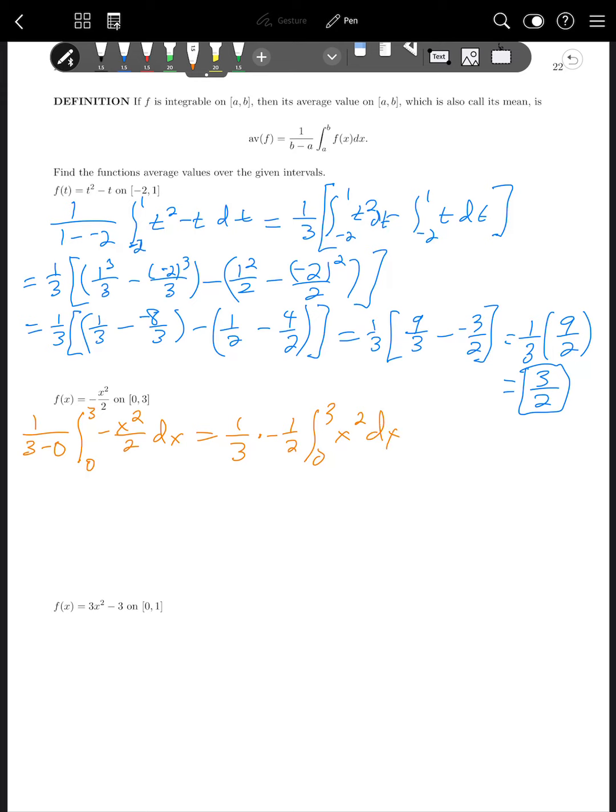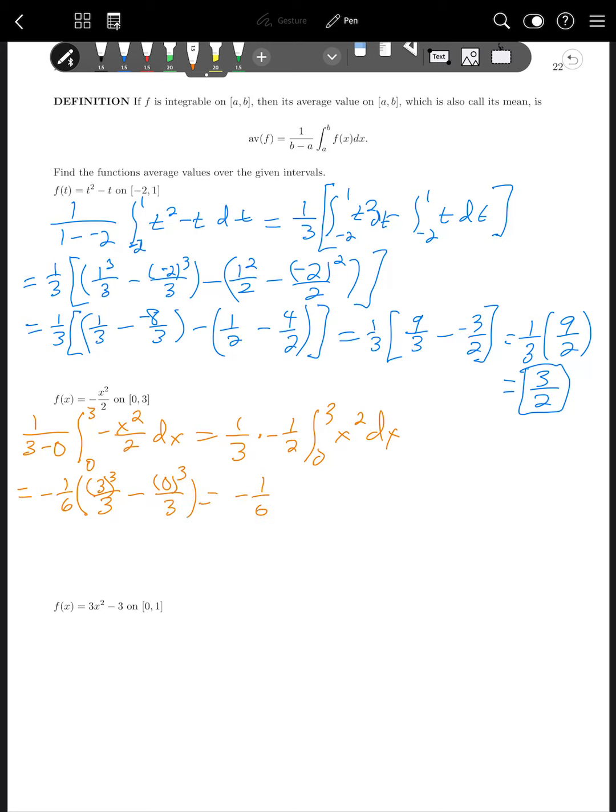And now we can use the rule. So this would be 1/3 times negative 1/2 is negative 1/6 times x squared. So that means I'm going to do b cubed over 3. So that would be 3 cubed over 3 minus a cubed over 3. So 0 cubed over 3.